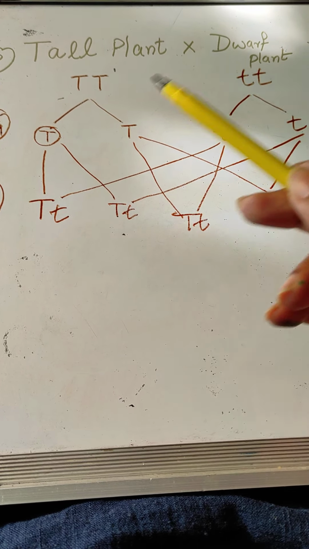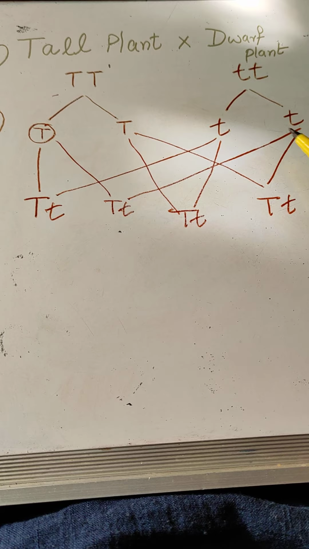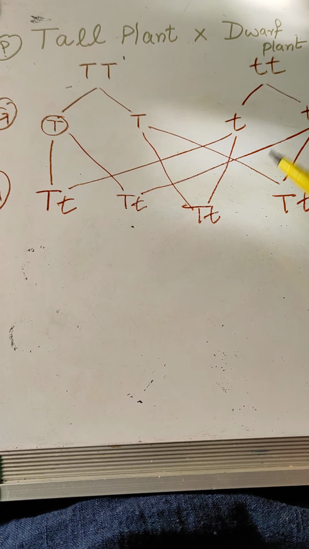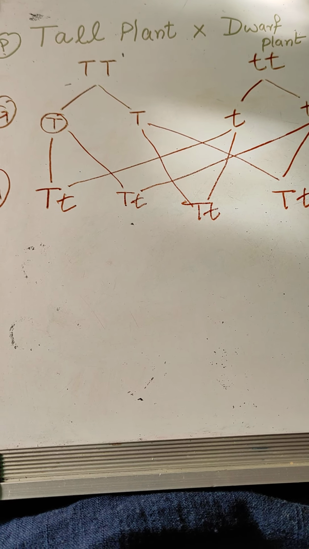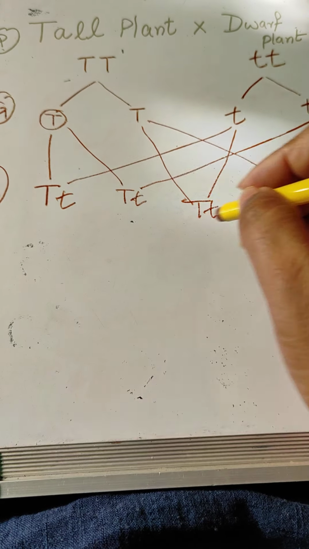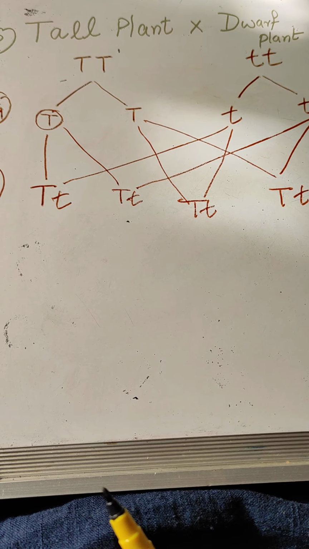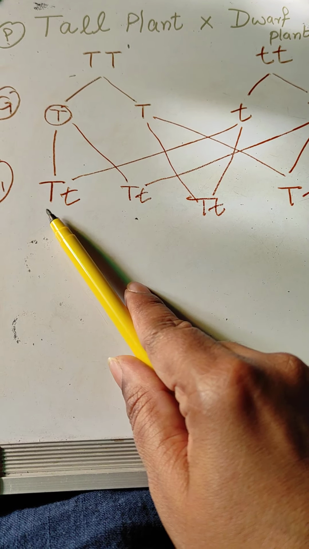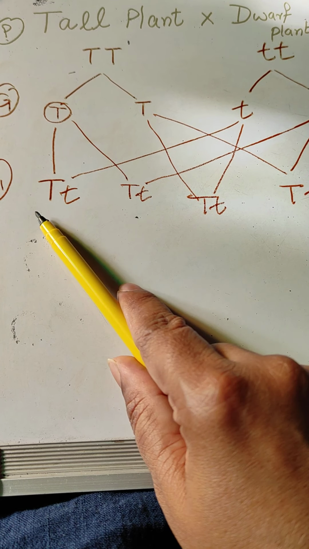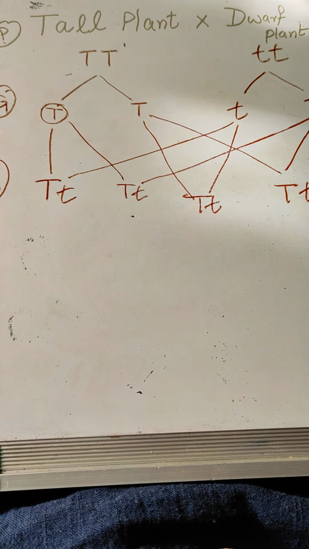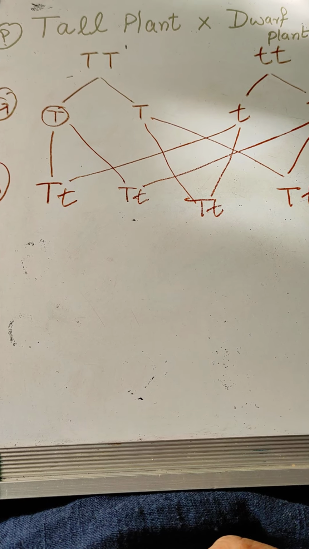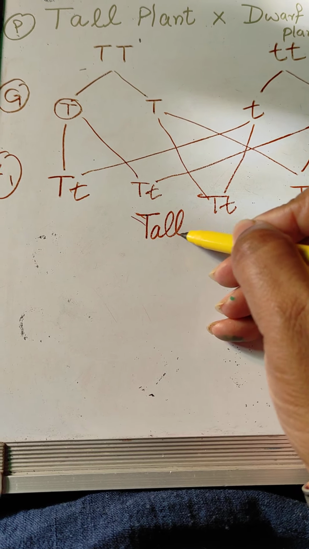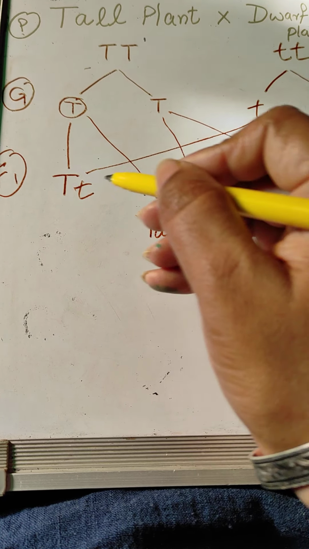Capital T, small t. In all the cases, the genotype of the progeny is capital T and small t: one dominant allele and one recessive allele. And the phenotype we have already seen. All the resulting plants are tall.